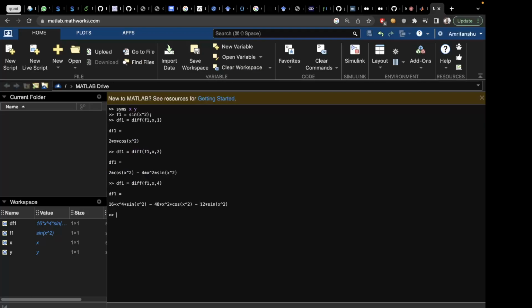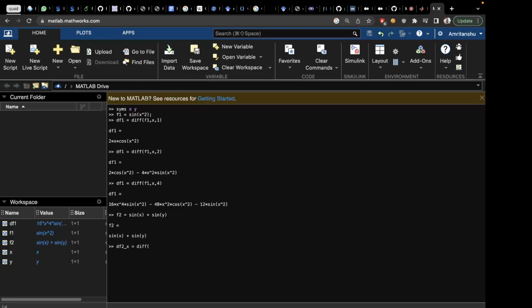And let's say we have a function which has multiple variables. So let's write something like sine x plus sine y. And now let's check df2 with respect to x.